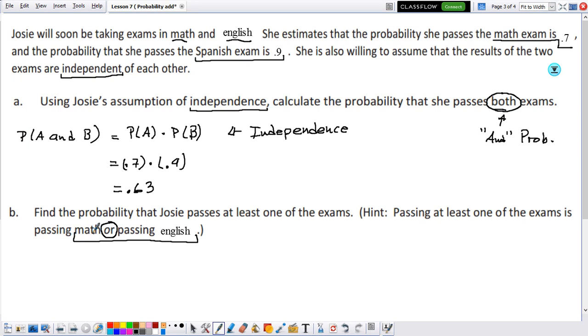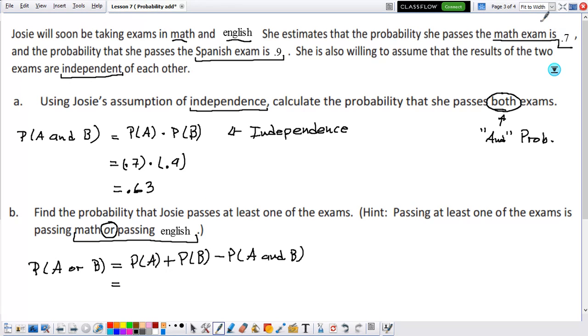So when you see the word or, we got to start thinking about that long formula, which is P of A or B. This is equal to the probability of the first plus the probability of the second minus the probability of their intersection. So now let's see, do we know those values? Well, do we know the probability of A?